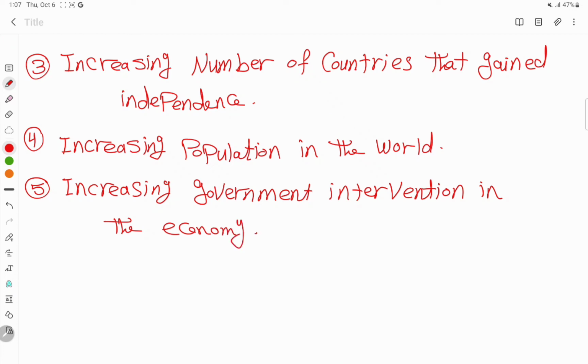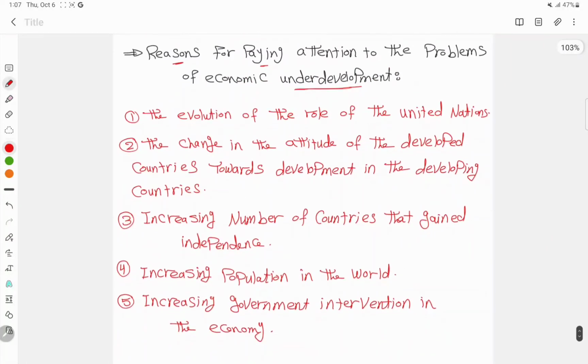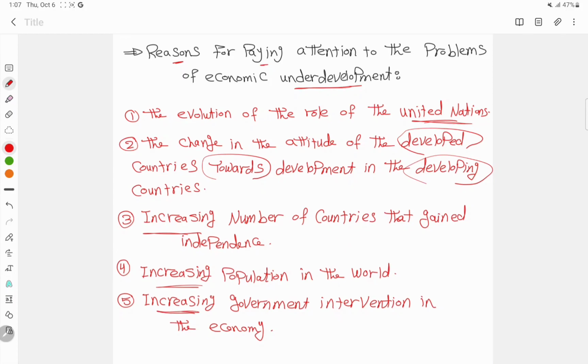So there are 5 reasons for paying attention to the problems of economic underdevelopment. The first is the evolution of the role of the United Nations, and the second is the change of the attitude of developed countries towards development in developing countries. Number 3, increasing numbers of countries that gained independence, number 4, increasing population in the world, and number 5, increasing government intervention in the economy.